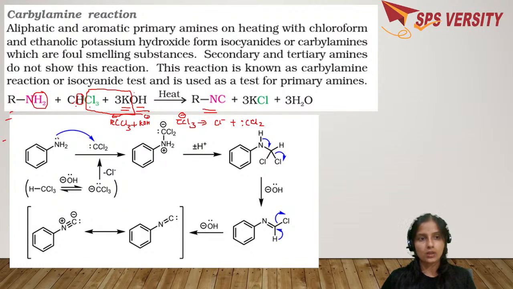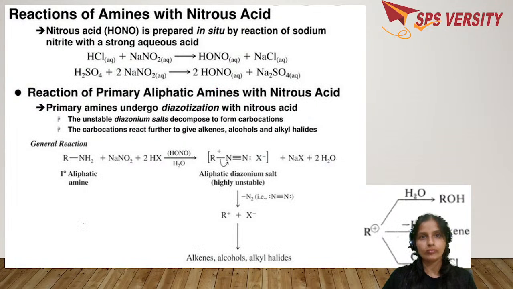The lone pair of electrons on the nitrogen attacks the dichlorocarbene, the N gets a positive charge, and CCl2 gets attached over here. Then hydrogen shifting happens, and in the presence of excess base, it gets converted into phenyl isocyanide. This is a very, very important reaction in board exams as well as competitive exams.